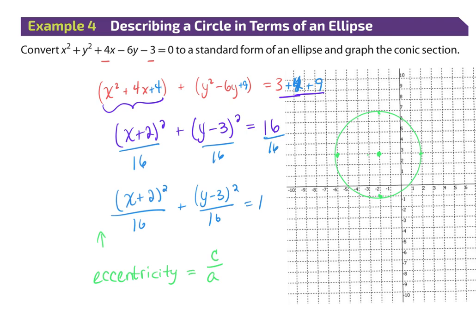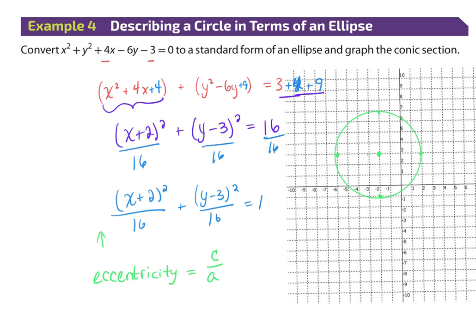In a circle, your C and your A value will be the same thing. Or it will be 0 technically, I guess, C divided by A. But you're going to see that it's going to be there because you're going to subtract your B and your A, and you're going to have 0 over a number, and so you have no difference between the two. And that will change based on how elongated it is.